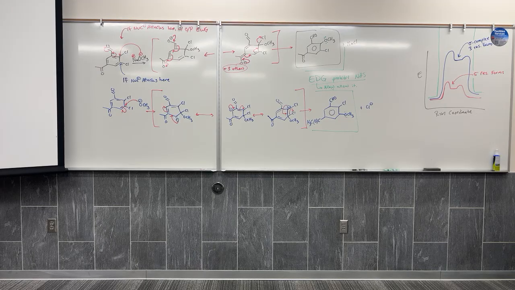If it's not an electron withdrawing group, then it's bad. It's donating, right? Just like the ether in our final product was an electron donating group because it had lone pairs right off the ring. OH also has lone pairs right off the ring.